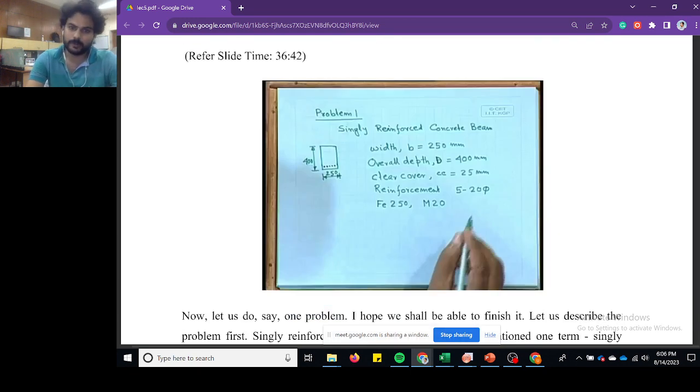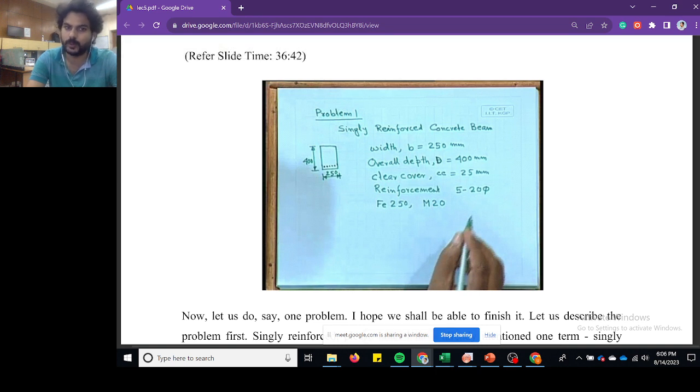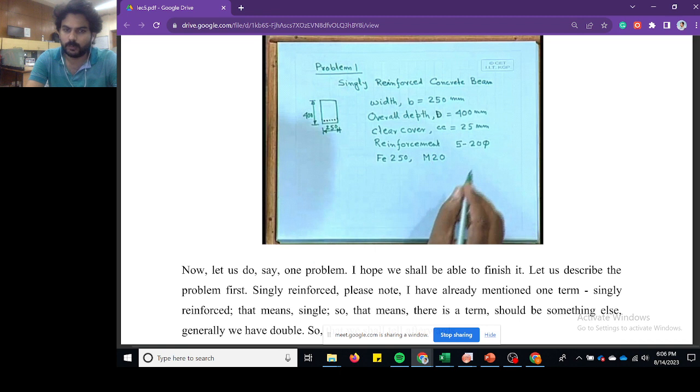Here is a singly reinforced concrete beam. You can see the width is given, total depth is given, clear cover is given, 5 reinforcement bars of 20 mm diameter are given, Fe250 and M20 are given. We have to calculate the moment of resistance. What is moment of resistance? It's the capacity of the section to withstand whatever load is coming on it.